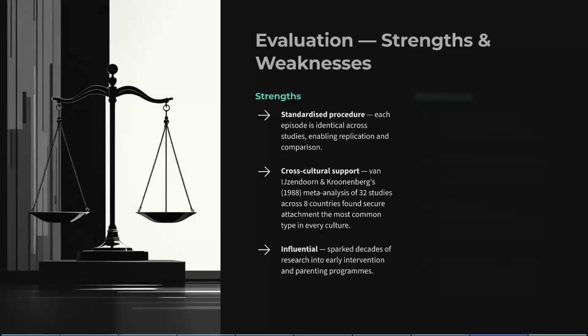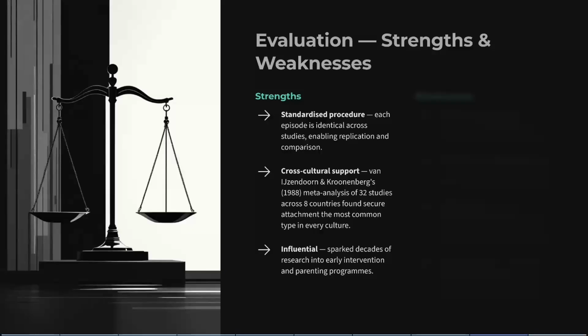Van IJzendoorn and Kroonenberg analysed 32 separate strange situation studies conducted across 8 countries, including the USA, the UK, Germany, Japan, Israel, China, Sweden, and the Netherlands. The total sample across all studies was nearly 2,000 infants. The headline finding: secure attachment was the most common type in every single culture studied.